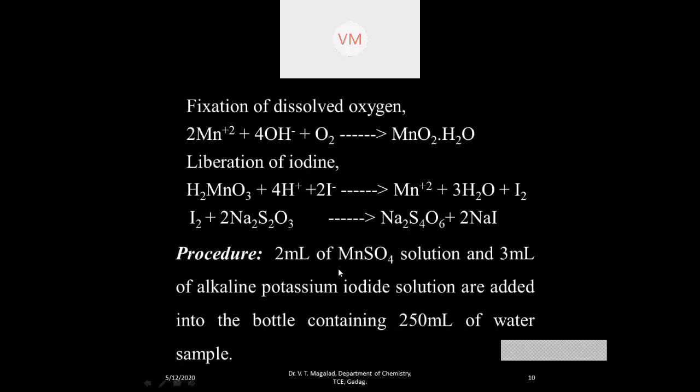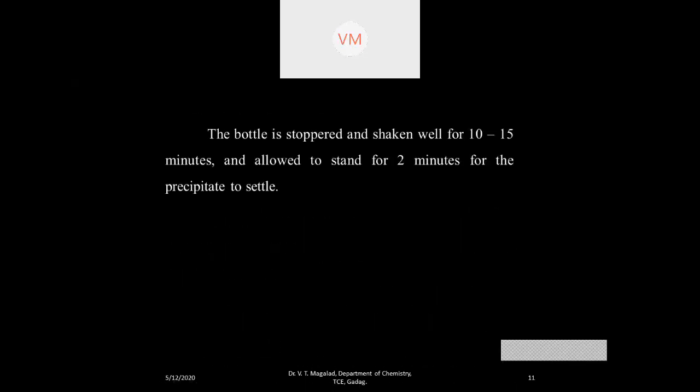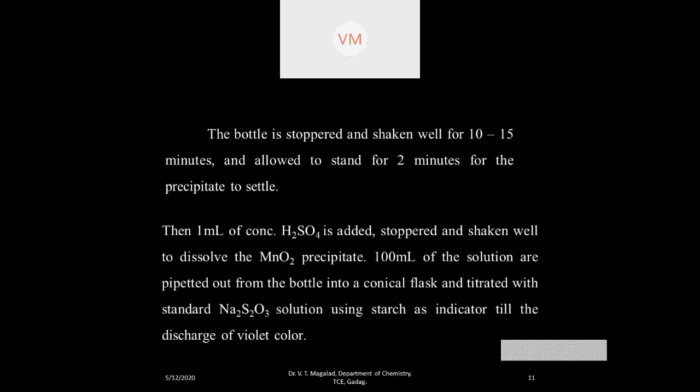Here is the procedure. 2 ml of manganese sulfate is added with potassium iodide solution, and they are to be taken in a bottle containing 250 ml of water, and the bottle is stoppered. It should be shaken for 10 to 15 minutes and allowed to stand for about 2 minutes. We will observe the precipitate at the bottom.